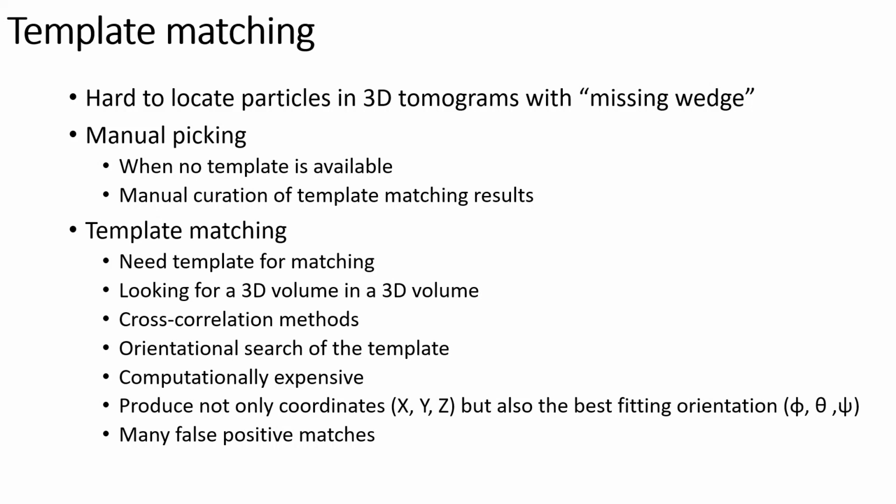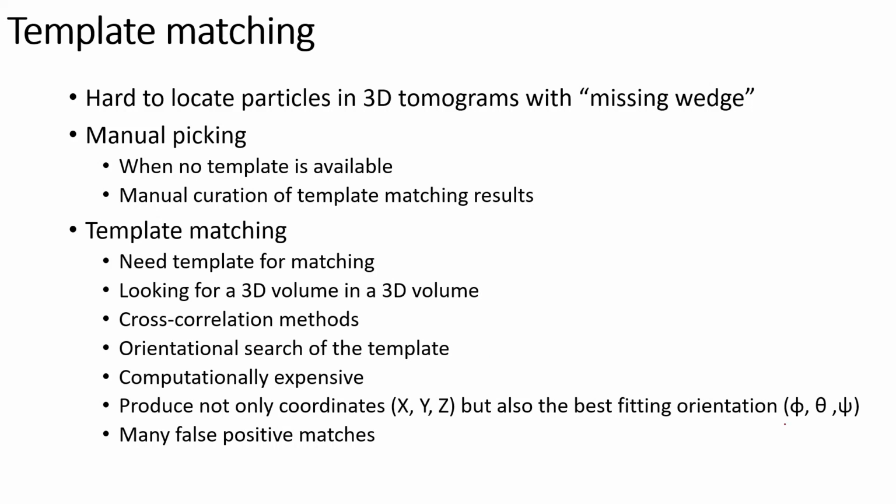The good thing about template matching is that it produces not only coordinates, as it's done, for example, for SPA in 2D when you are doing some particle picking automatically. It also gives you the best fitting orientation, because we are doing an orientational search, not only a lateral search.